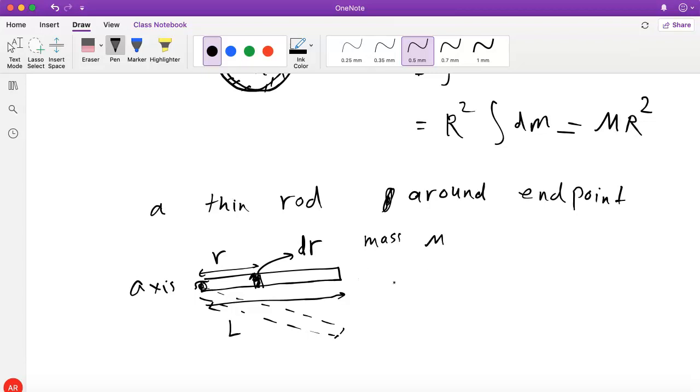So first I need to find the mass dm of that infinitesimal piece that has length dr. Well, we did this already for the center of mass, right?